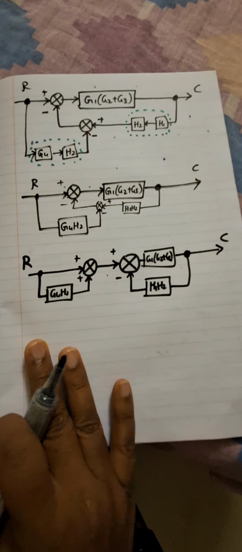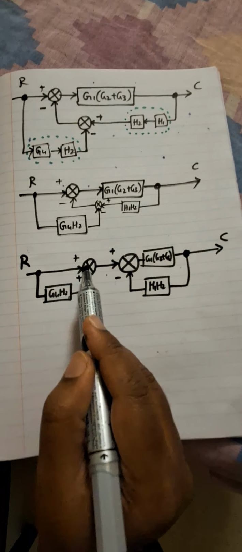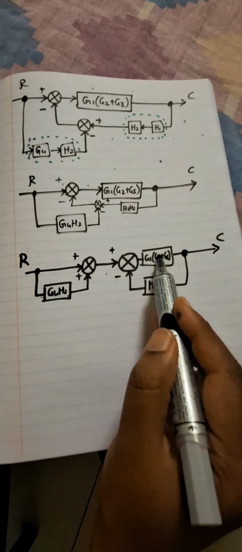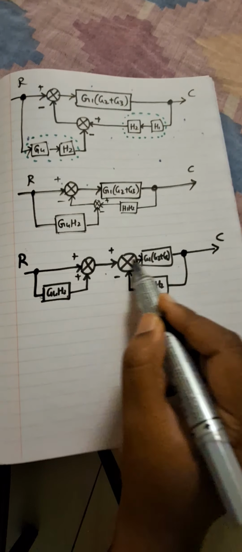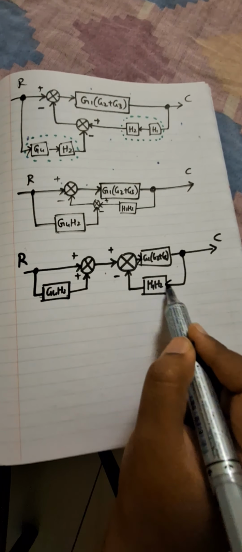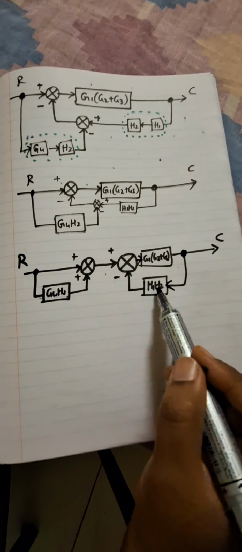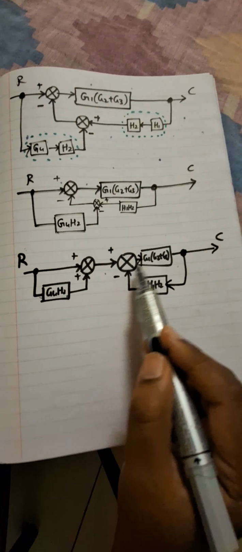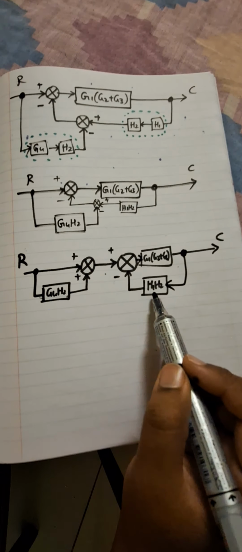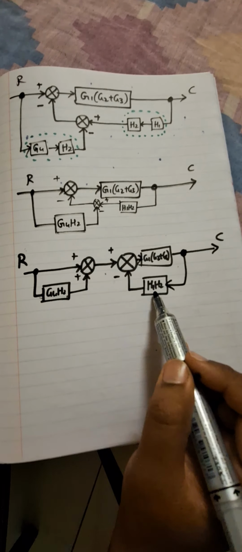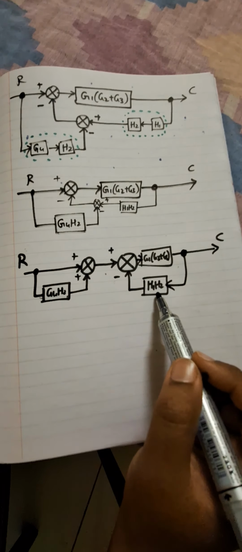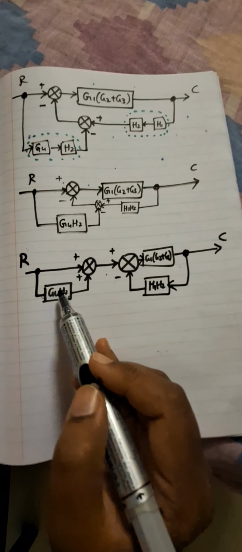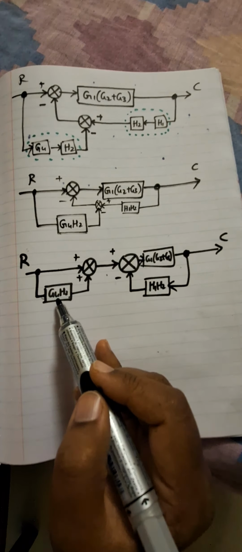Now how is it looking? These two are in forward, these two are in closed loop, right? GH means with negative feedback, G by 1 plus GH, right? And this is 1 with G4H2.